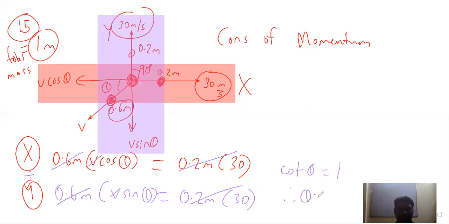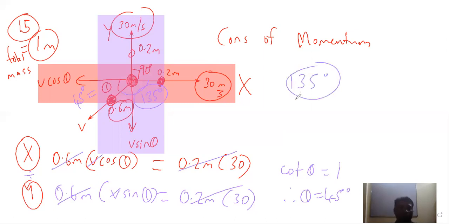So theta comes out to be 45 degrees. Now if this is 45 degrees, then this angle here will be 135 because it is the supplementary angle. So our answer in this case is an angle of 135 degrees.